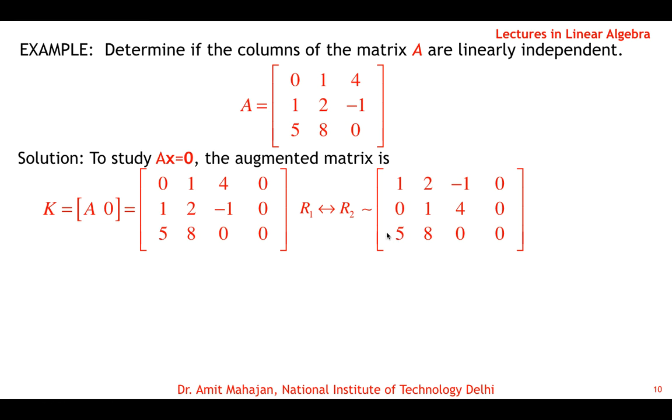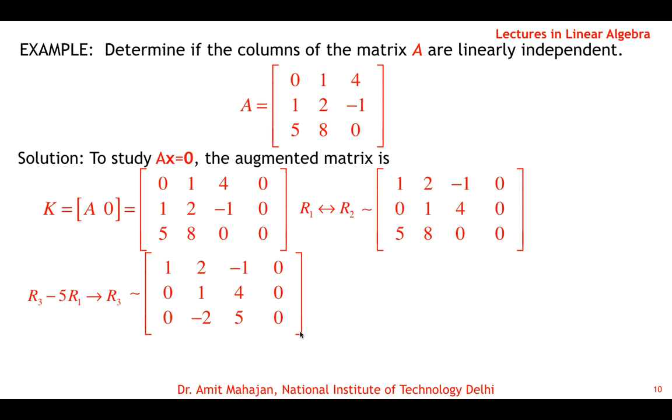So apply row 3 minus 5 times row 1 on row 3 to make this element 0. So 5 minus 5 goes to 0. 8 minus 5 times 2, so 8 minus 10 is minus 2, and 0 minus 5 times minus 1 gives plus 5.